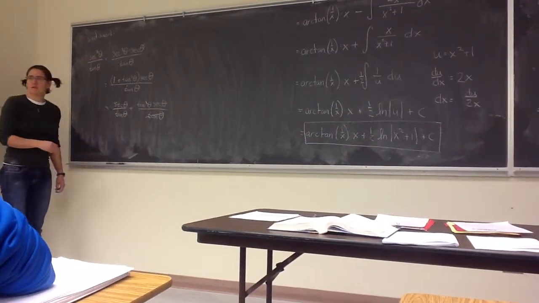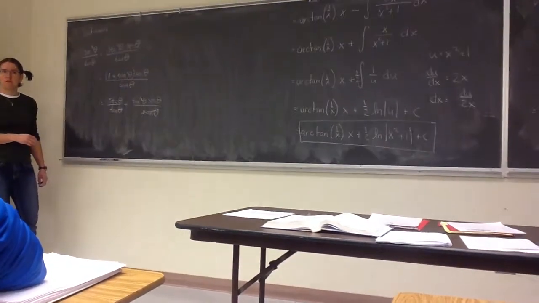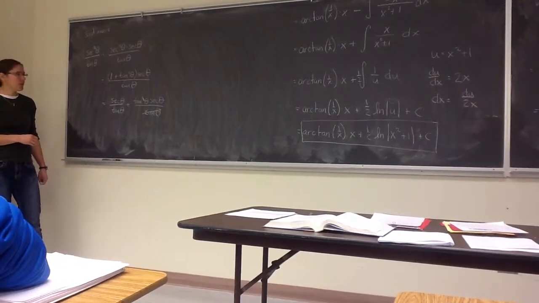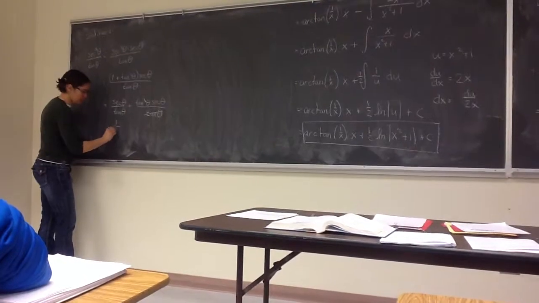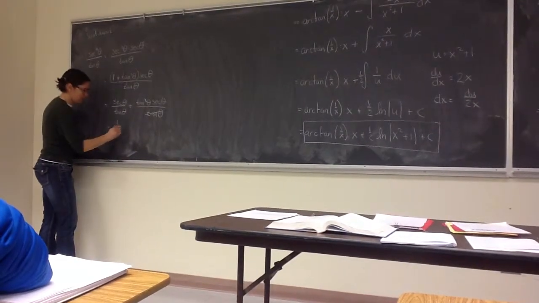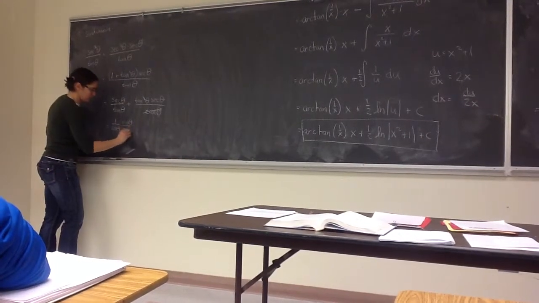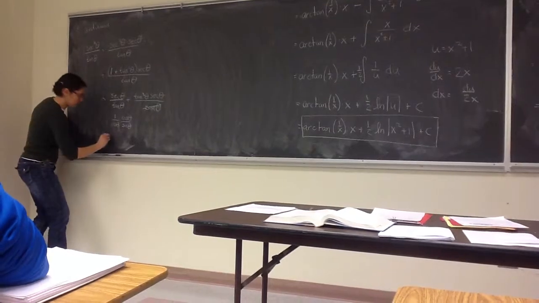Secant is equal to 1 over cosine, sorry. So secant is 1 over cosine. So your tangent is sine over cosine. If you multiply by the reciprocal, you end up with cosecant there.